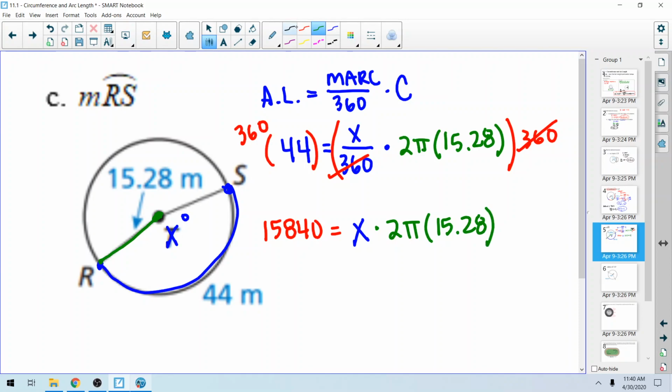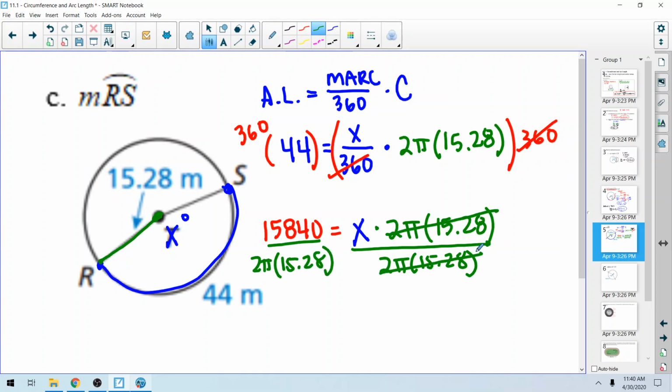So at that point, we've only got one more step. We're going to divide by 2 pi times 15.28 and divide by 2 pi times 15.28. So that whole thing will cancel and you're going to be left with x.